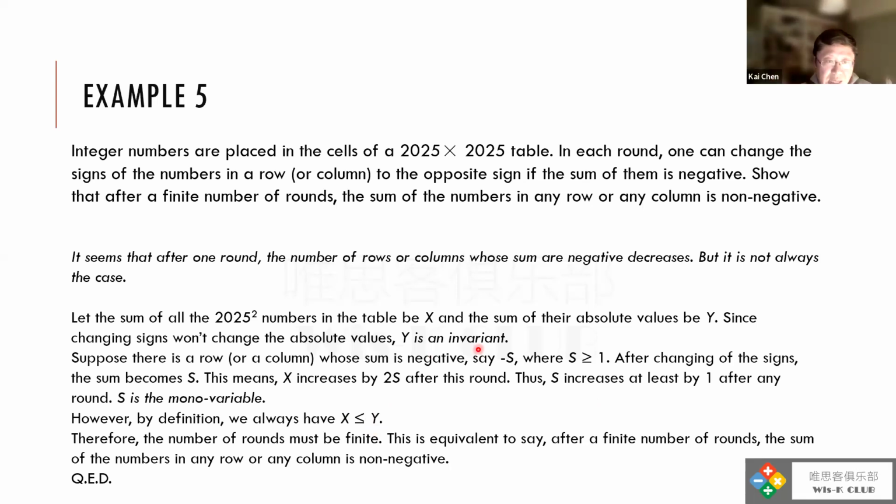So x is getting larger and larger, but not exceeding y, meaning that after a finite number of games, this game will stop. So there's no other row or column whose sum is still negative.